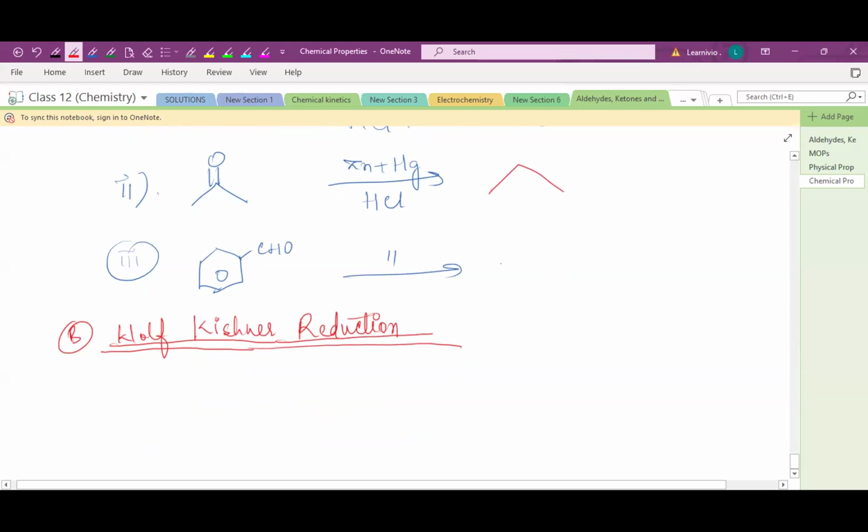Next, benzene ring with a methyl group. What is the common name? Toluene. Yes, it's toluene.